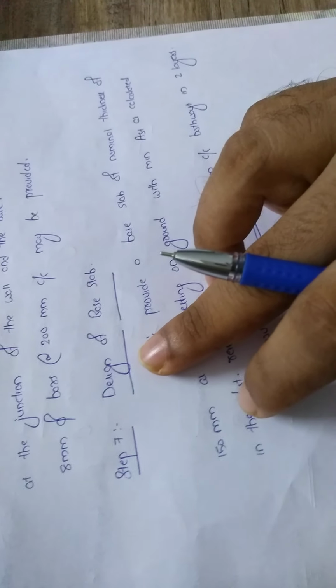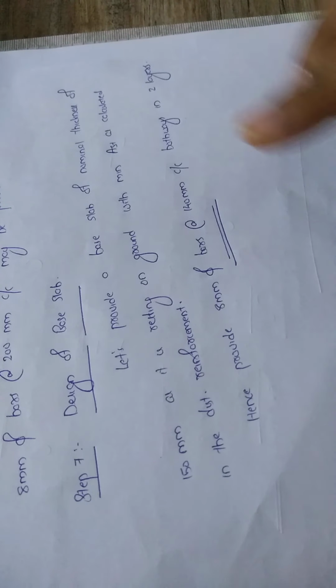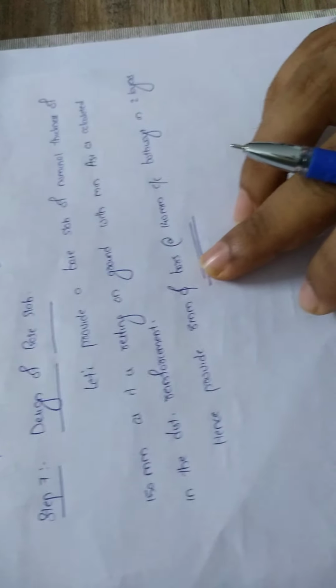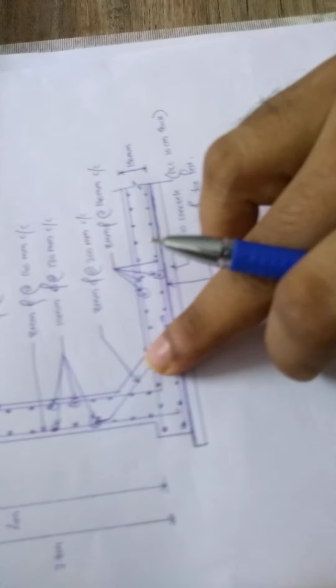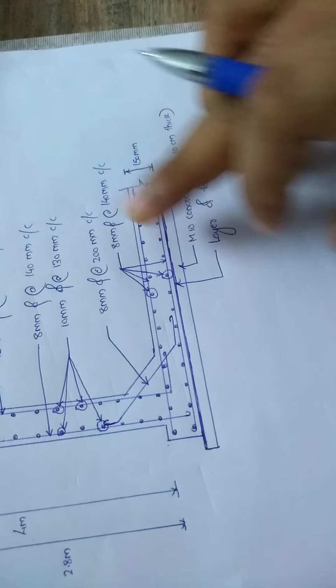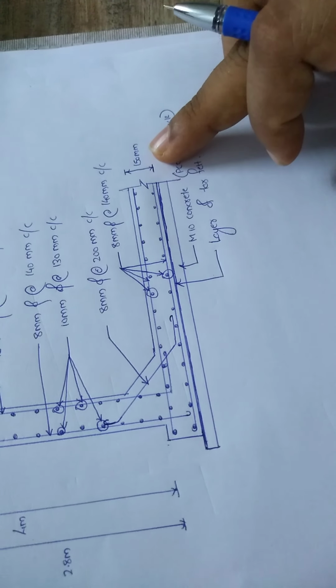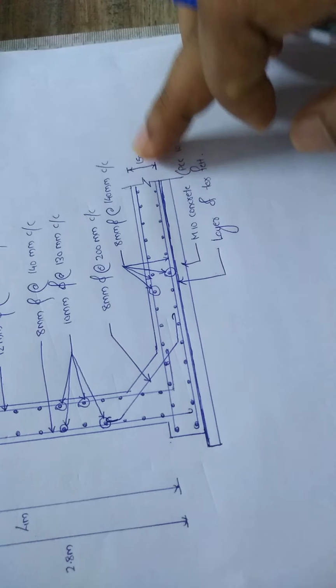And step 7, it is the base slab. It is very similar to the flexible slab that we have designed, and we are providing 150 mm thickness, and the bars are 8 mm dia at 140 mm center to center. So this is the base slab. So in the haunches we are giving a reinforcement of 8 at 200, and in the base slab we are providing 8 mm at 140 mm center to center, and this is the thickness of the base slab.